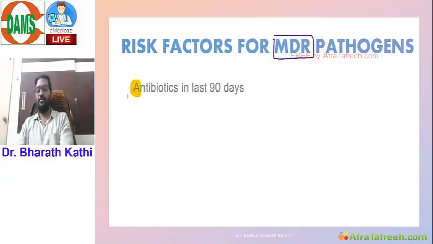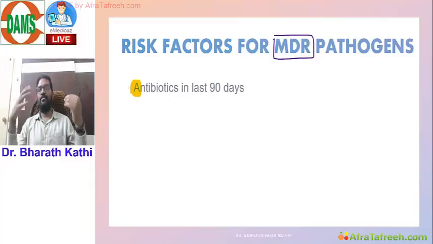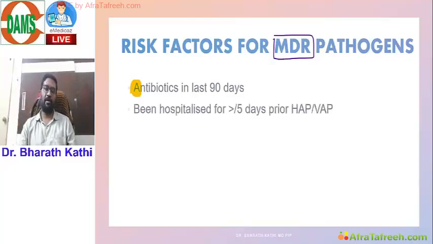So in the last 3 months, he was treated for some disease with IV antibiotics. Once IV antibiotics have gone into his body recently, it means the body's organisms must have developed resistance. Second, B: he has been hospitalized for more than 5 days prior to HAP or VAP.